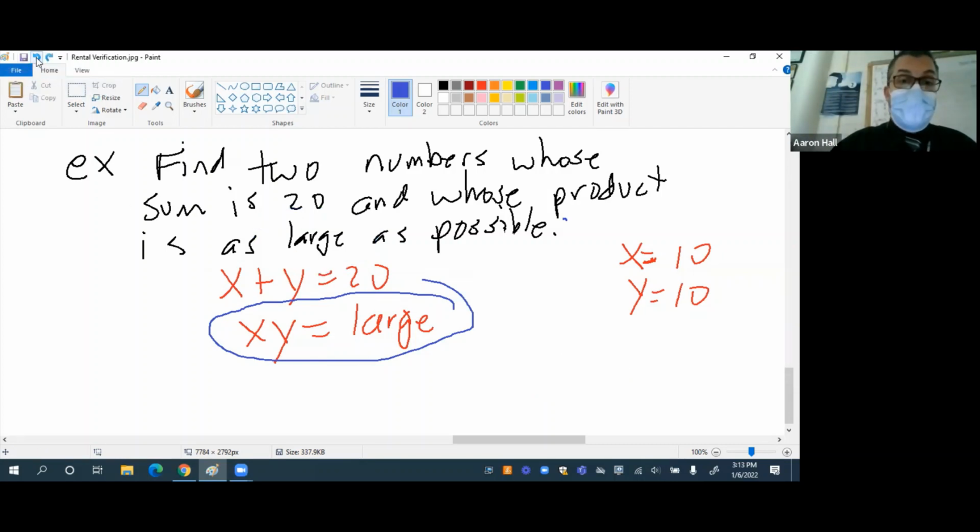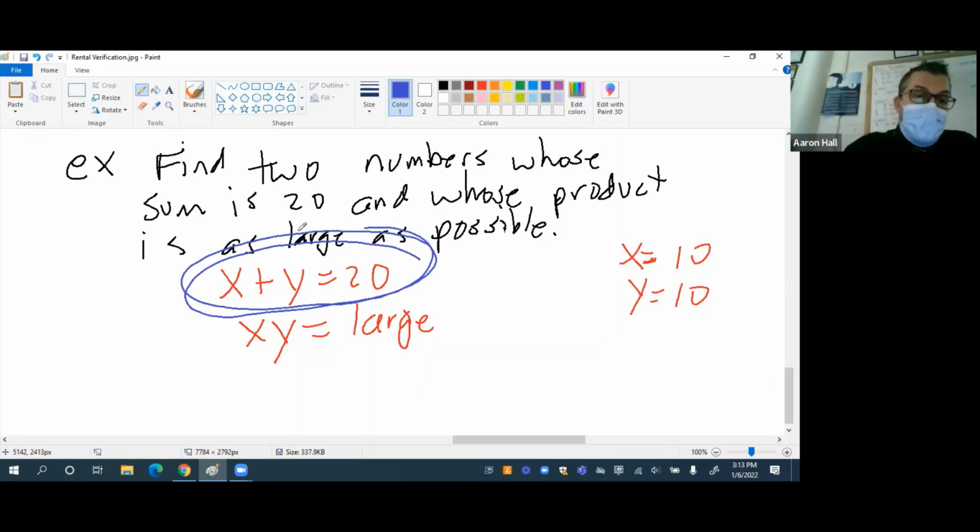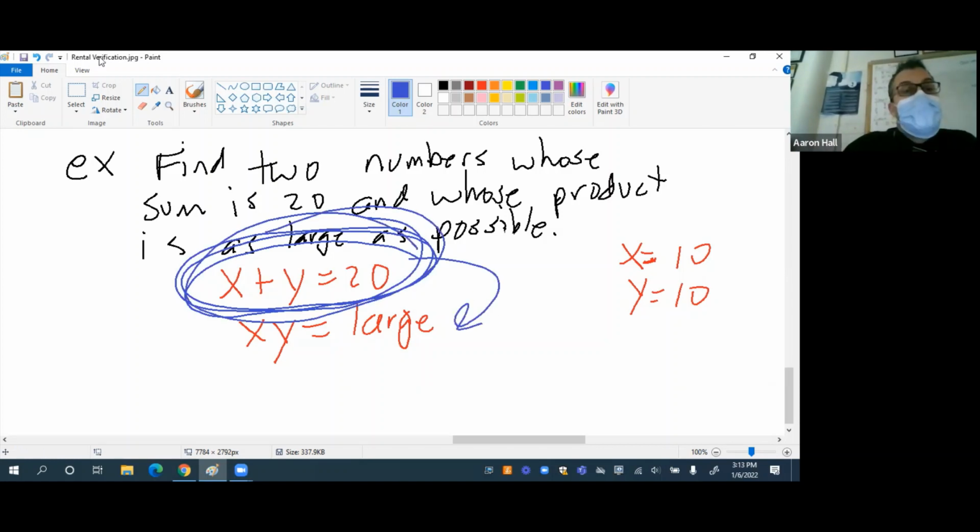So we have two variables, Eleanor, so what do we do? Do we have to substitute something in? Okay, what are we going to substitute? If we don't need this equation for calculus, can't we do something with this equation to substitute it in?